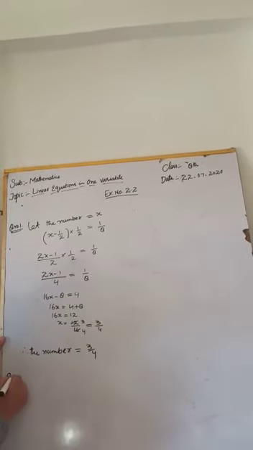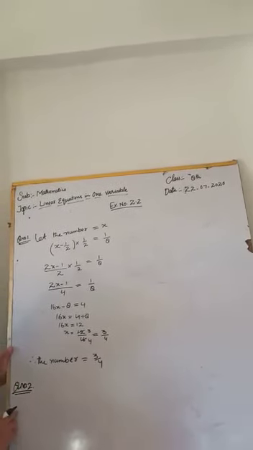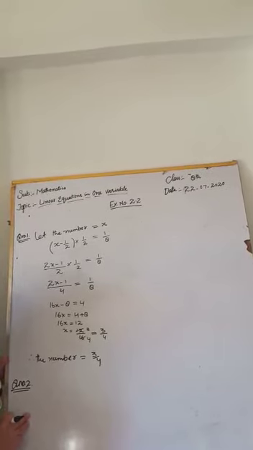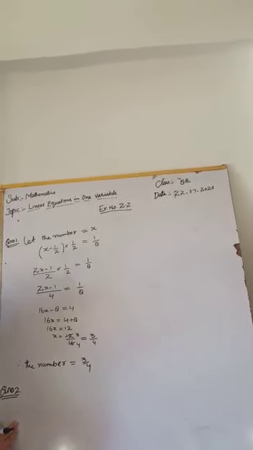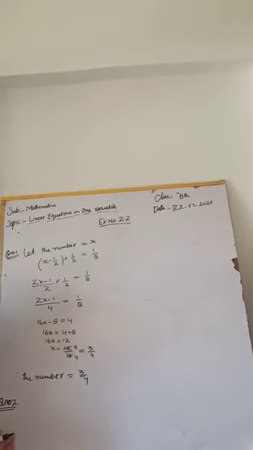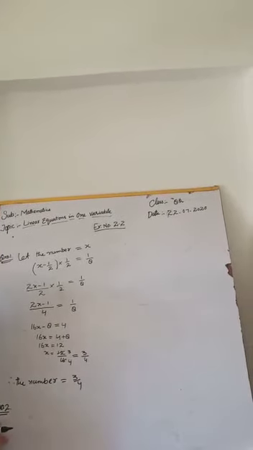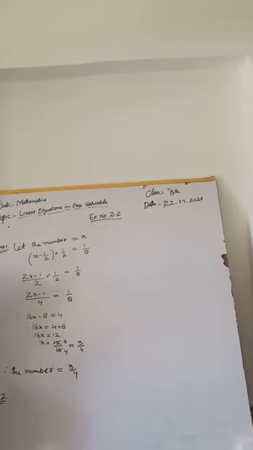Now question number 2. Question number 2 is, the perimeter of a rectangular swimming pool is 154 meter. Its length is 2 meter more than twice its breadth. What are the length and breadth of the pool? We know perimeter of any shape or any figure is equal to sum of its sides.